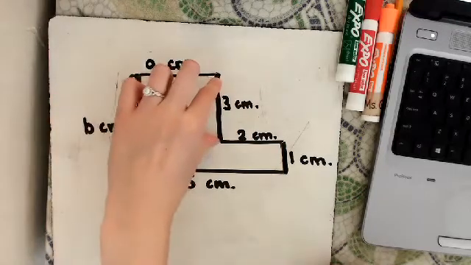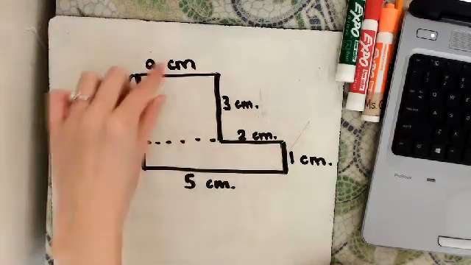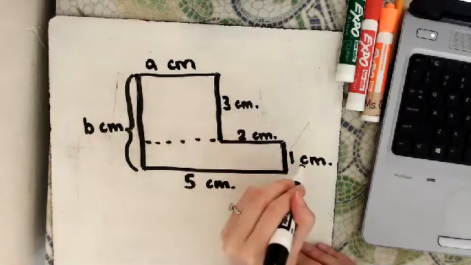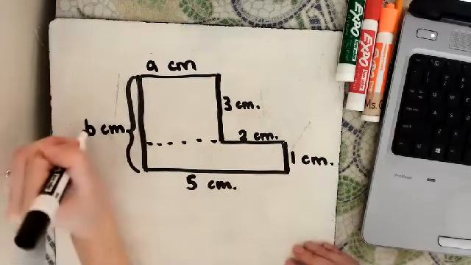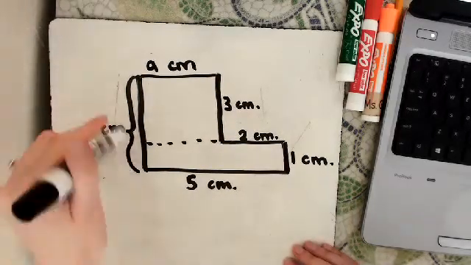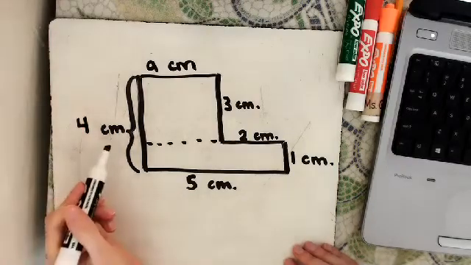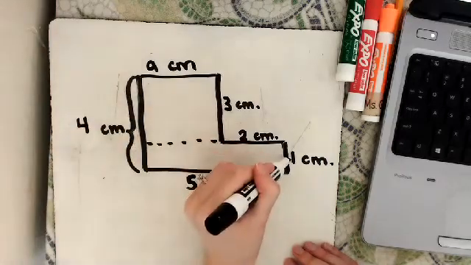This piece plus this piece all together makes this line. So I have 3 and I have 1. What's 3 plus 1? 4. So B is replaced by 4 centimeters, okay? This whole side is 4 because 3 plus 1 is 4.